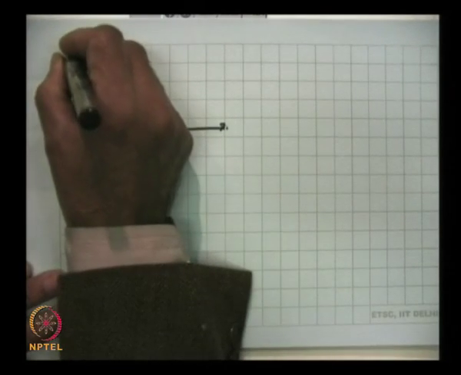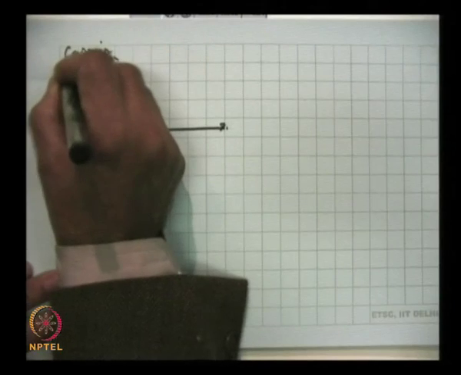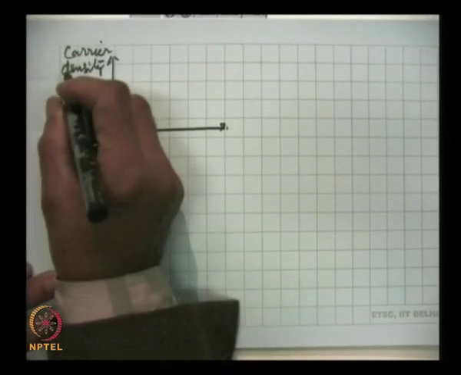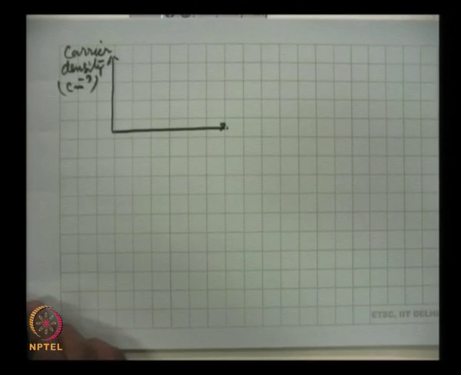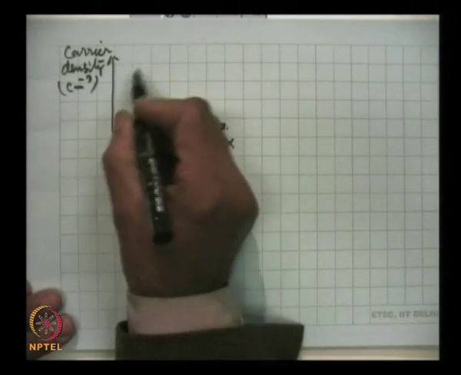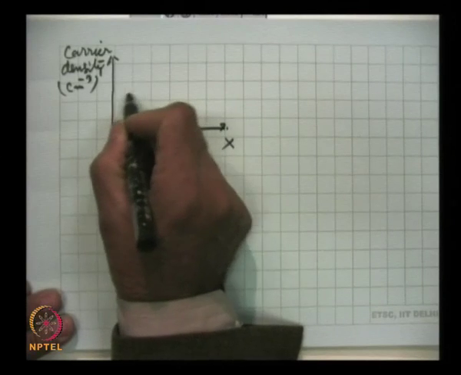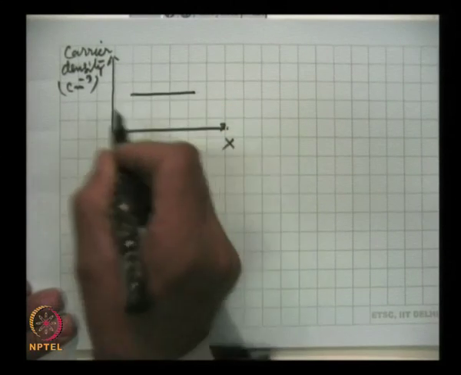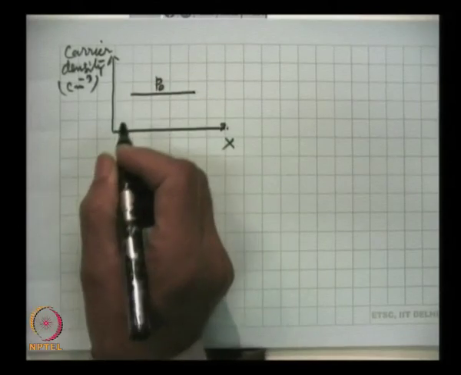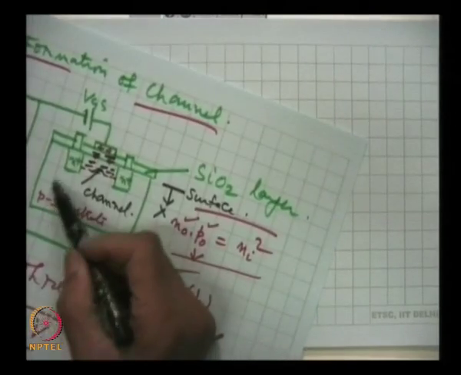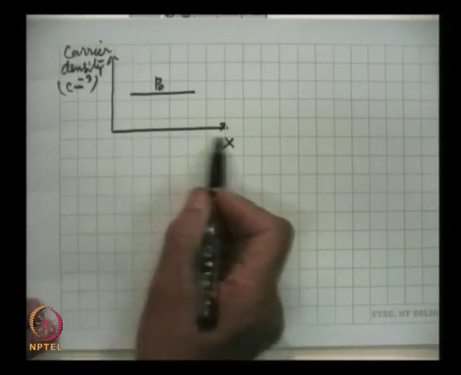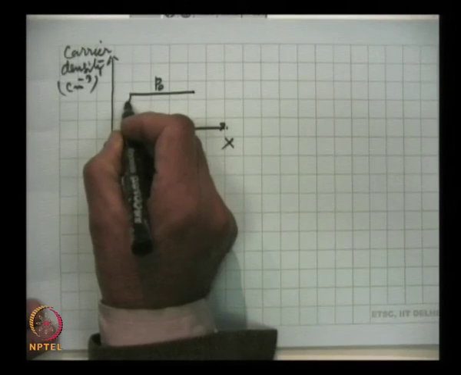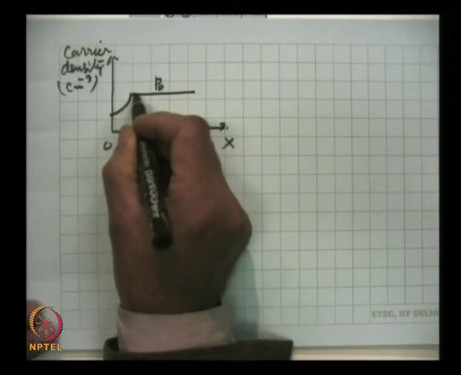This is carrier density, that means number of charge carriers per unit volume, per cc. This is x, and if this concentration is P0 in the rest of the material, here we are closer to the surface. So, this is the depletion.